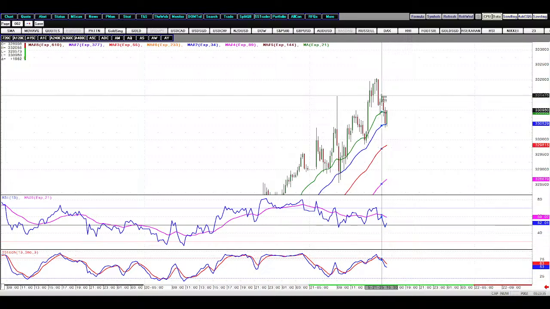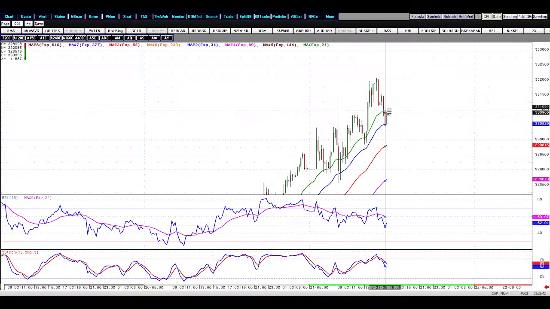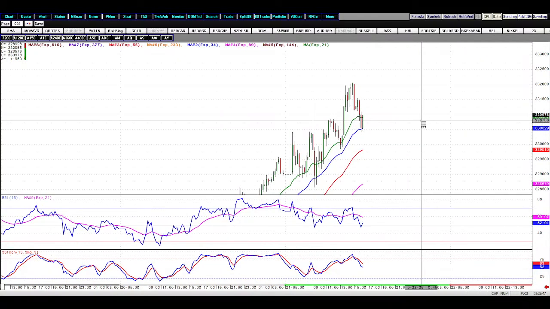If I read it correctly, we should see either we sell at, but if we can clear this, then we can go for a sell again. But since we haven't cleared it, I think it's going to be a bit risky.